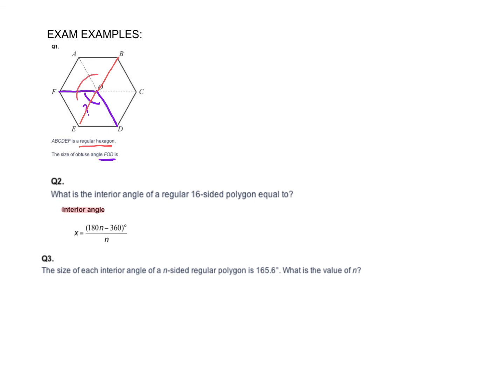Around here would be 360, so all these little tips of those triangles will be 360 divided by 6, which equals 60. So if one of them is 60, you can see I have 2 of them here, one here and one here. So the angle, sometimes they write it like that, FOD would equal 120 because it's got 2 of those in there.